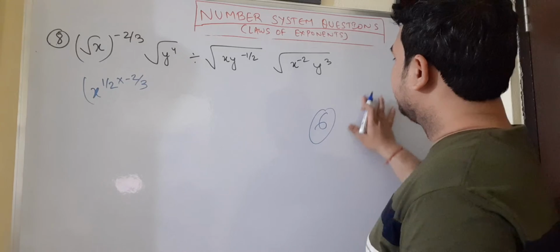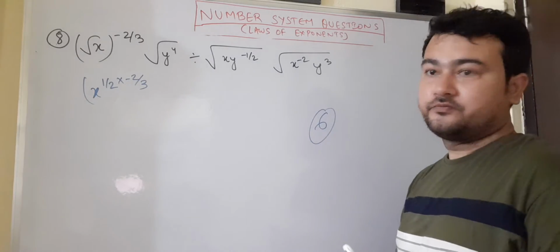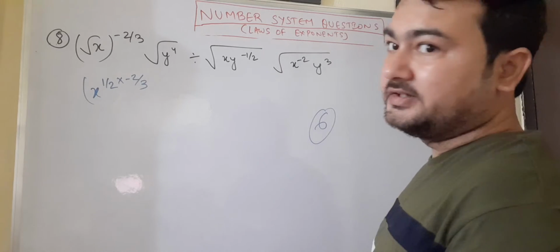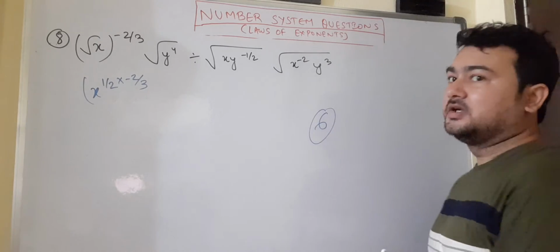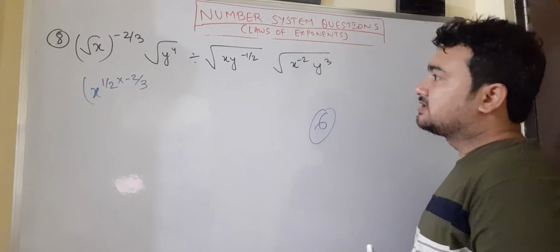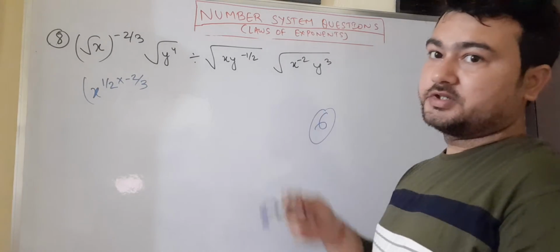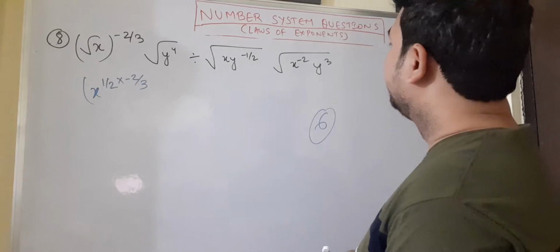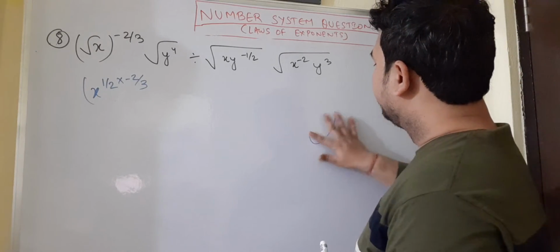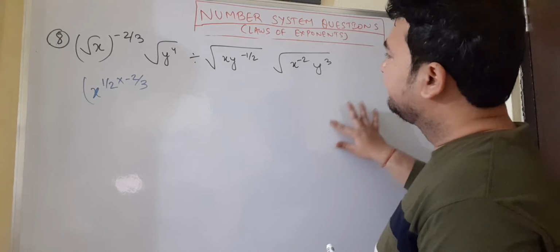Solve it with proper steps. There is no hurry. You are in 9th class, solve it step by step. If you have any issue or get stuck somewhere, you can easily cross check where you are stuck. It will be easier to detect your errors also. So no need to hurry up in this 9th class.